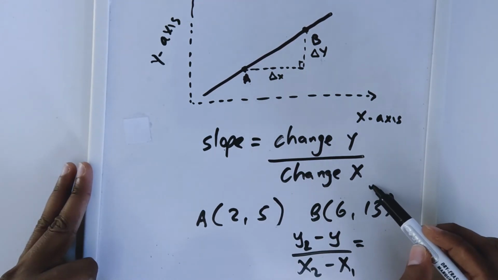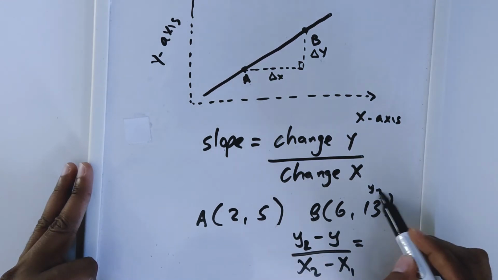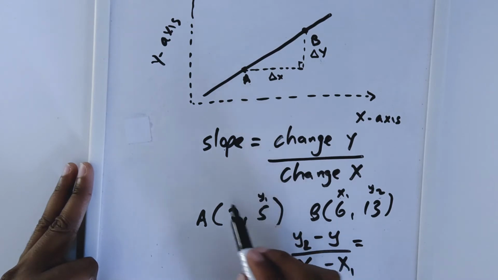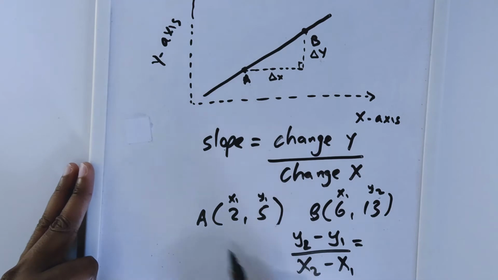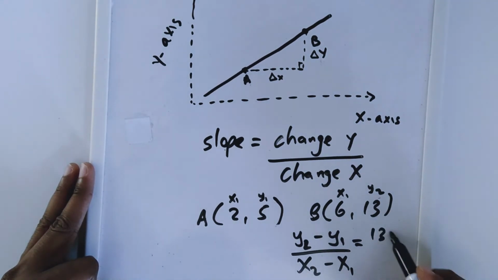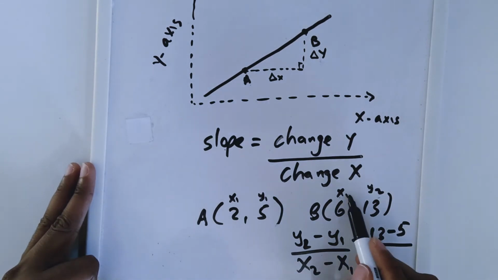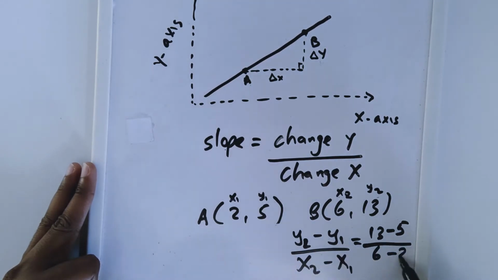Y2 is, you always start with the last point P. So this is y2, this is x2, this is y1, this is x1. So my y2 is 13 minus y1 is 5, divided by x2, which is 6 minus x1, which is 2.